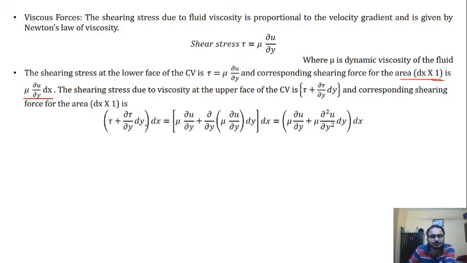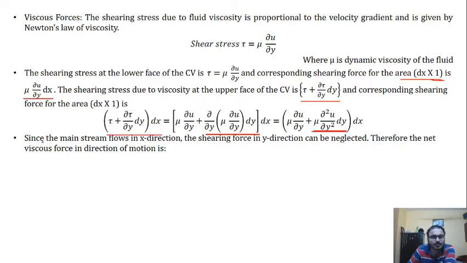So here, if we need to calculate this portion, instead of tau we are putting mu into del u over del y plus del over del y into mu del u over del y into dy into dx. So here finally we are getting mu del u over del y plus mu into del 2u over del y square into dy into dx. So this is quite straightforward, that is, the differentiation of this is this.